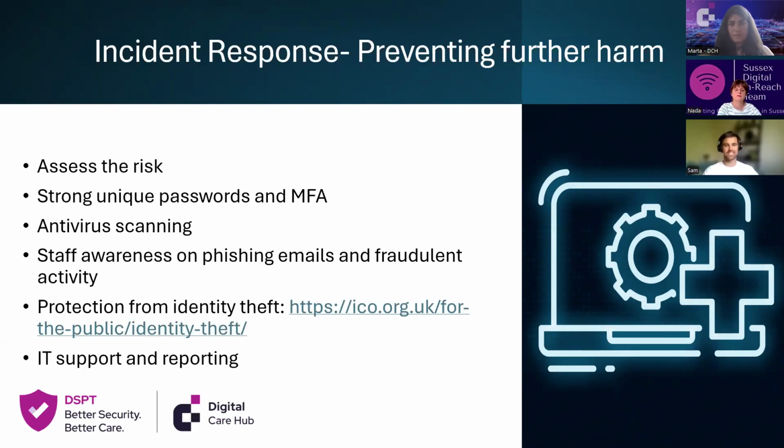With that in place, the stats show that it eliminates most successful phishing attacks. Also having antivirus software that is up to date. So again, all part of the Data Security Protection Toolkit. If you are working through that, it's all in there, all the guidance. But antivirus scanning will root through your system and find malware and delete it, especially up to date antivirus software. And that's why we need it.